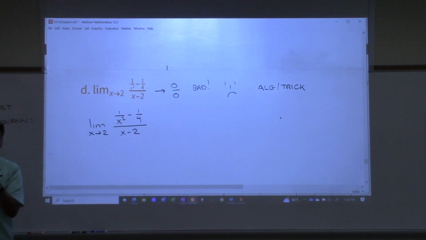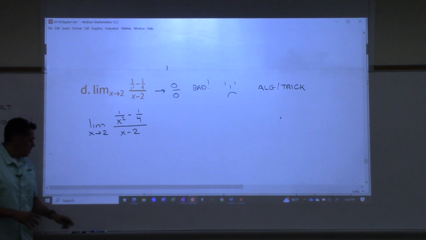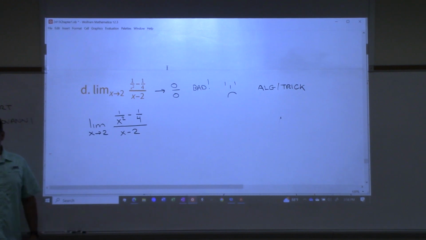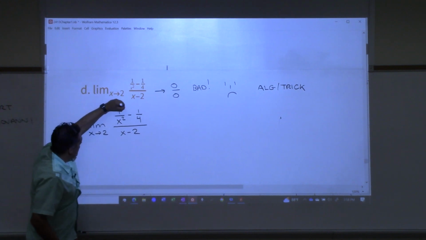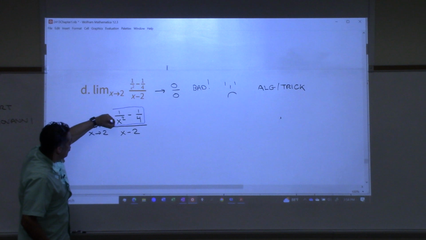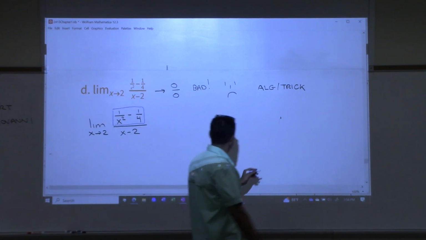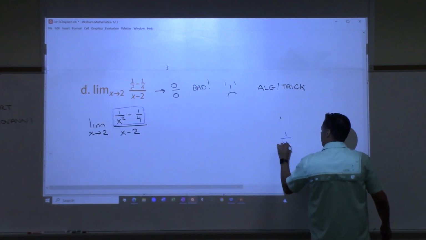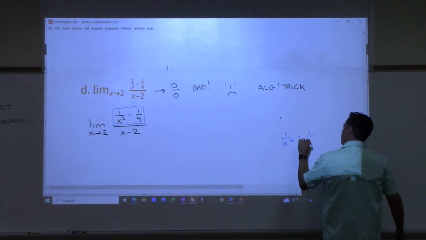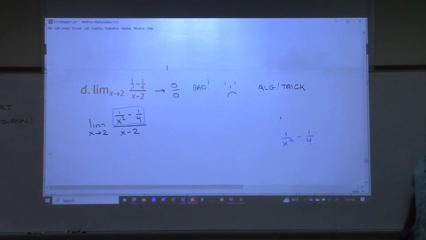And anytime you see fractions within fractions, the rule of thumb here is to get a common denominator, to combine your fractions together. So I'm going to work right now on putting these two together into one fraction. And I'll do that on the side. To do this, I need a greatest common denominator so I can put them together.